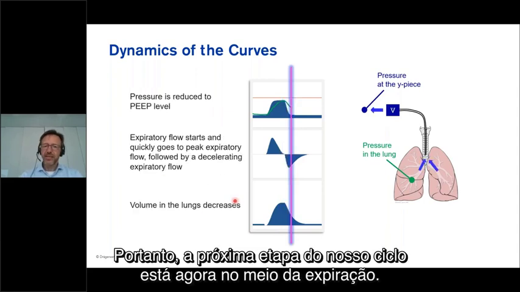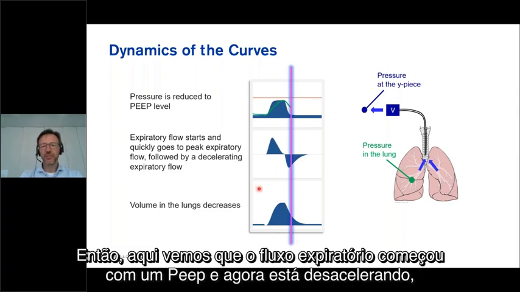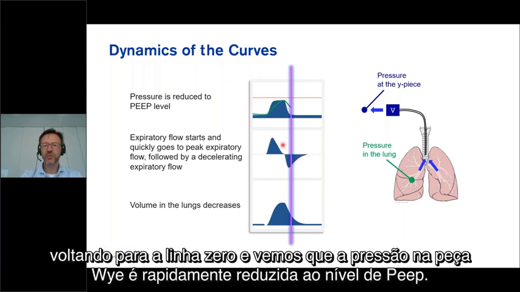So the next step in our cycle is now in the middle of the expiration. Here we see that the expiratory flow has started with a peak and now is decelerating, down back to the 0 line. And we see the pressure at the Y-piece quickly reduced to the PEEP level.